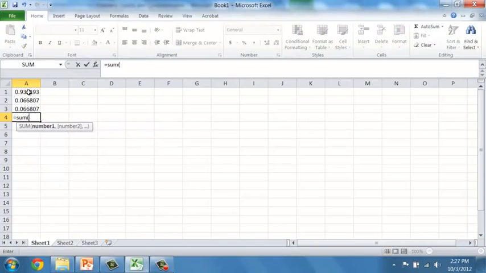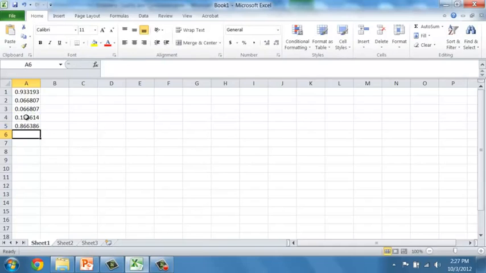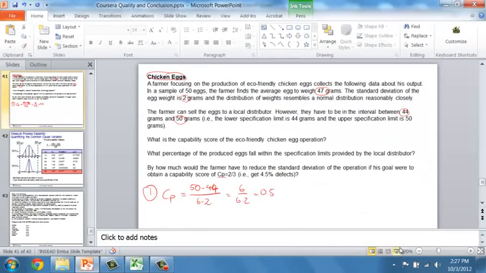So if I add up those probabilities, since the egg can't be too heavy and too light at the same time, I get a probability of 13.36% that the egg is outside the specification interval, and then 1 minus that probability, 86%, is the probability that I had been fishing for in the question.